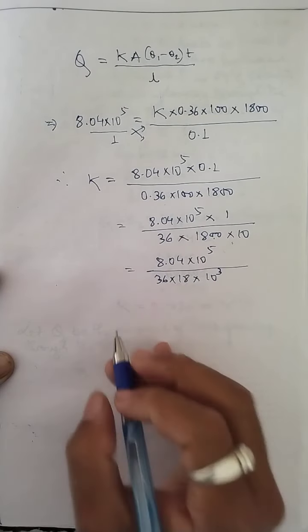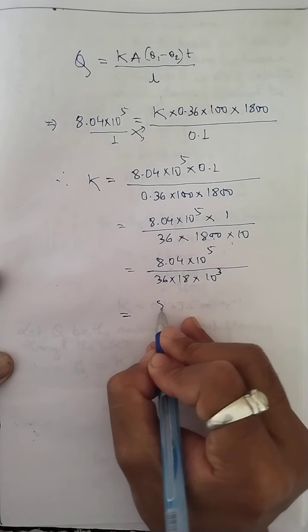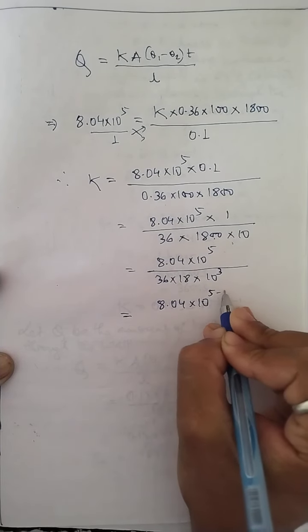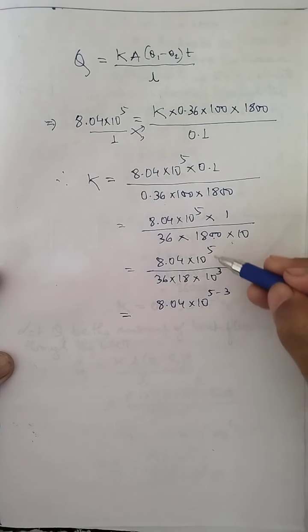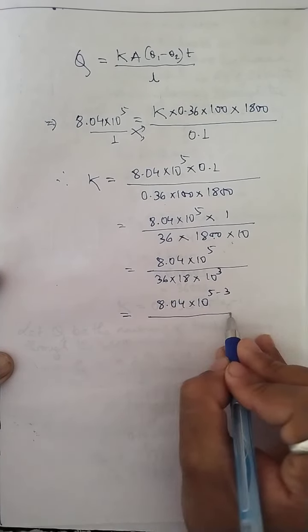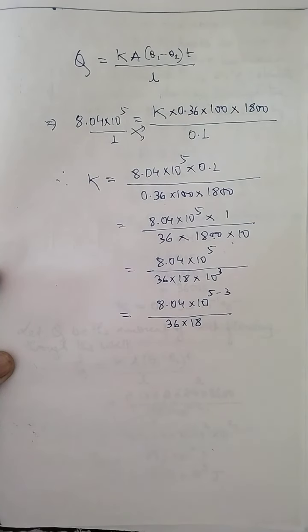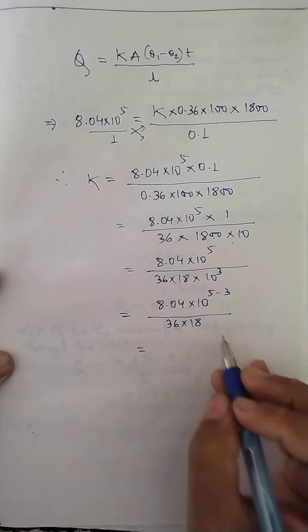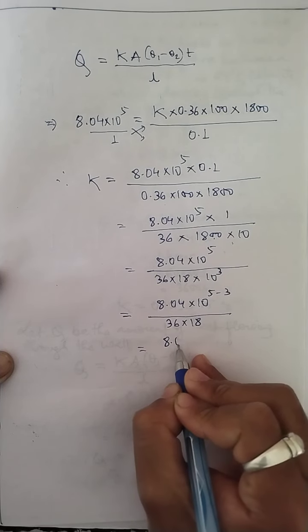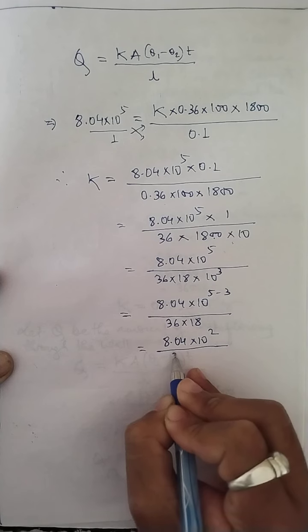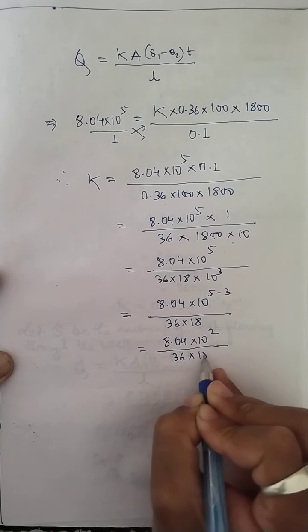Now this 10 to the power 3 I take to the numerator, so I write 8.04 into 10 to the power 5 minus 3, by 36 into 18. So it is 8.04 into 10 to the power 2 by 36 into 18.